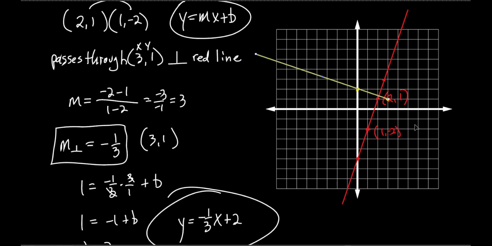So right there, and right there. Does the yellow one and the red one look perpendicular? Yeah. Absolutely, because one has a slope of 3, the other one has a slope of -1/3. It's absolutely perpendicular, and that's what it does. It goes through 3, 1, and it's perpendicular to the red line.